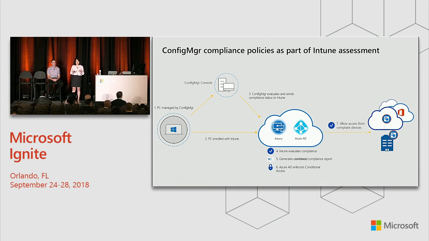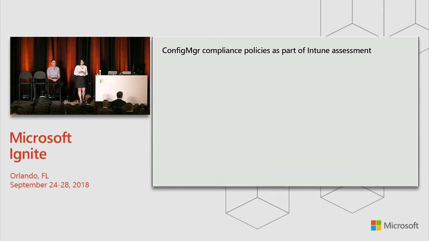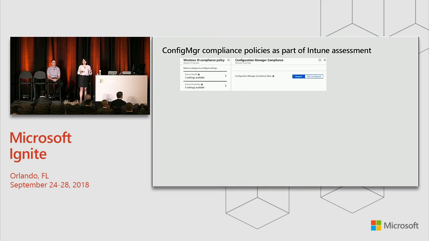And AAD will finally do the actual control. So the devices that are compliant are happy clients. They can access those corporate resources. And if something's wrong from either ConfigMgr side or Intune side, then the access is blocked, and we have user-friendly information to tell the end user what happened and what needs to be fixed.